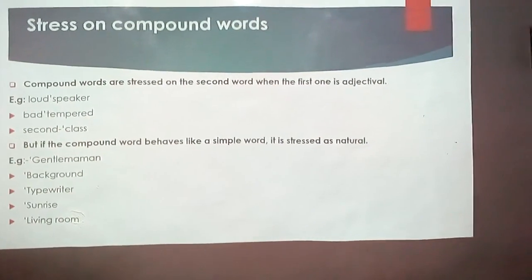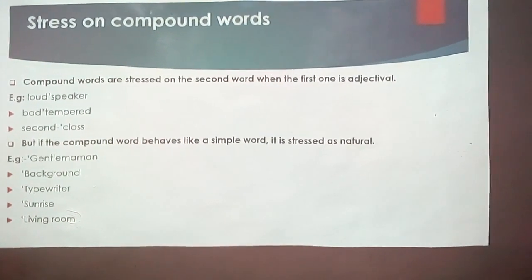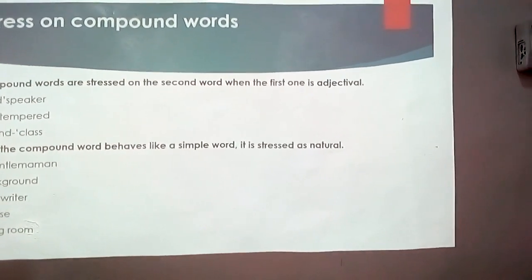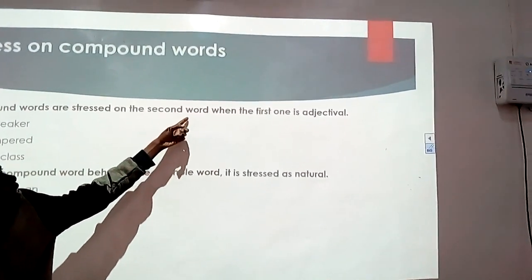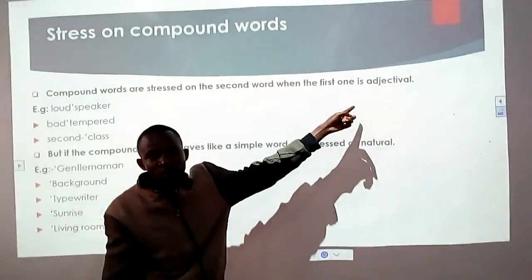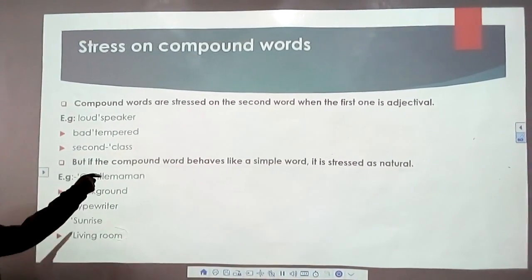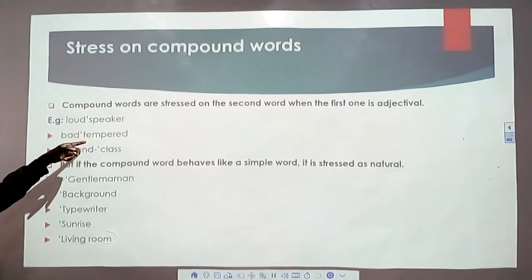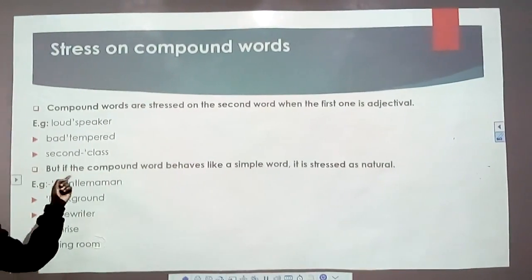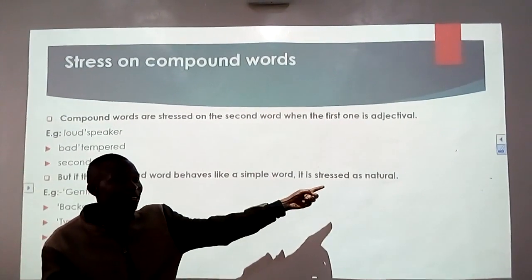Now, stress on compound words. How do we stress on compound words? Consider the following. The compound words are stressed on the second word when the first one is adjectival. When the first one is adjectival, make sure that you stress the second word. But if the compound word behaves like a simple word, it is stressed as natural.